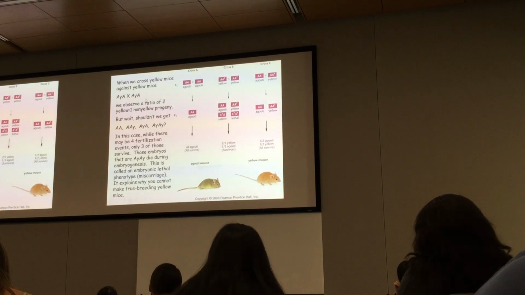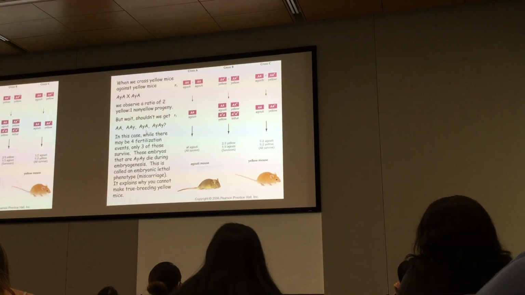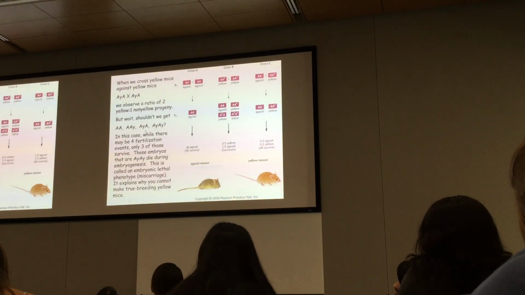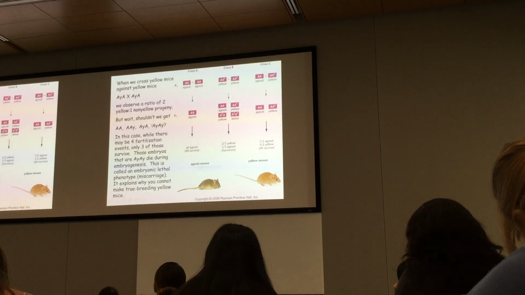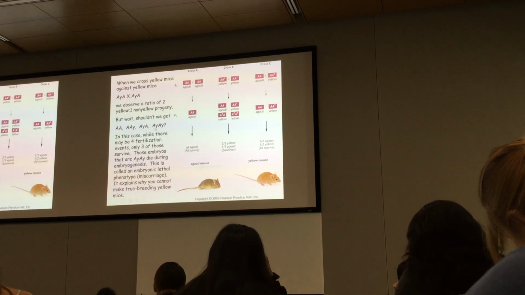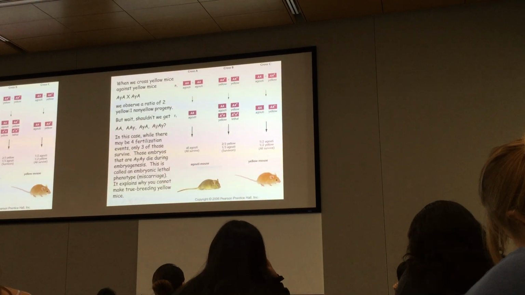Okay? And the explanation is that 3 of these embryos after fertilization are viable and will develop to birth and into adulthood, but 1 of them is not. The AY-AY allele combination is lethal, embryonic lethal.